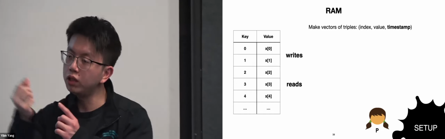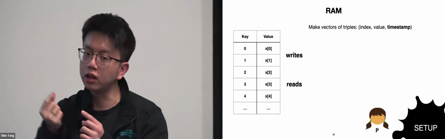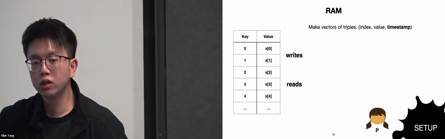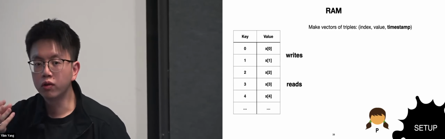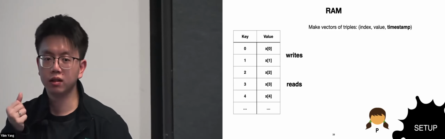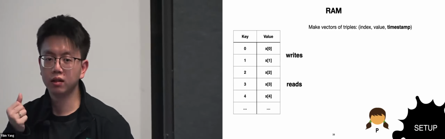Because if you can read from the future in this read-write memory, the prover can just forge whatever is saved in this unit in the future and read from that unit he wants to read. So besides doing this permutation proof, to achieve a read-write memory we also need to ensure that the prover can only read from the past, and cannot read from the future.